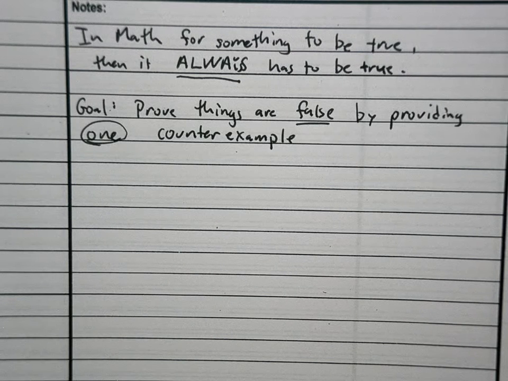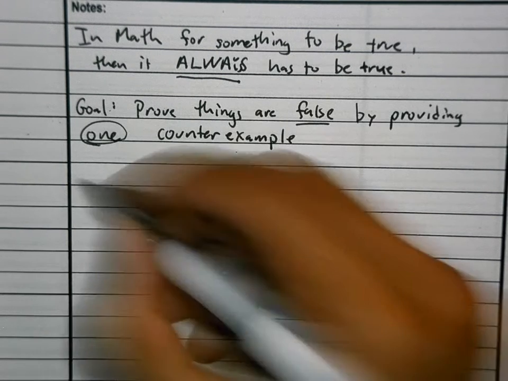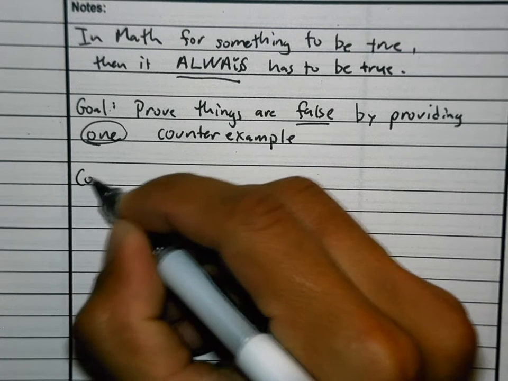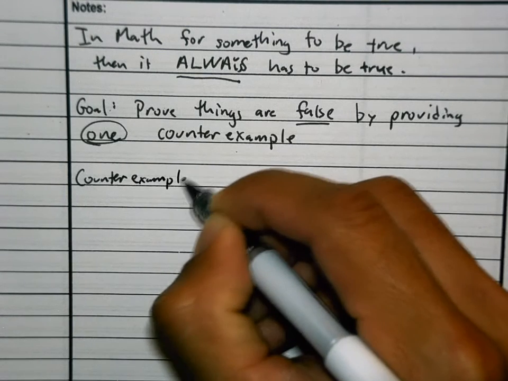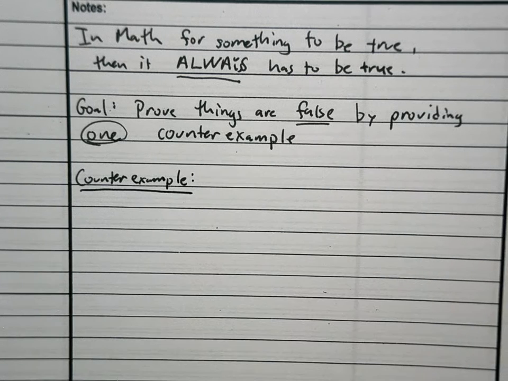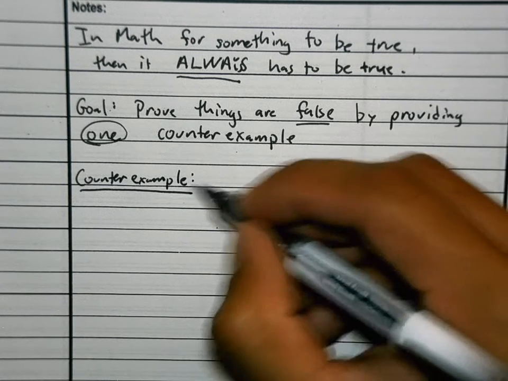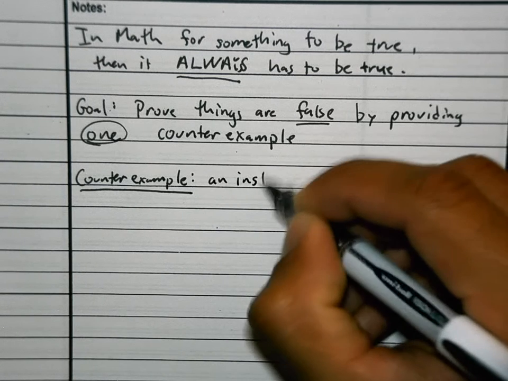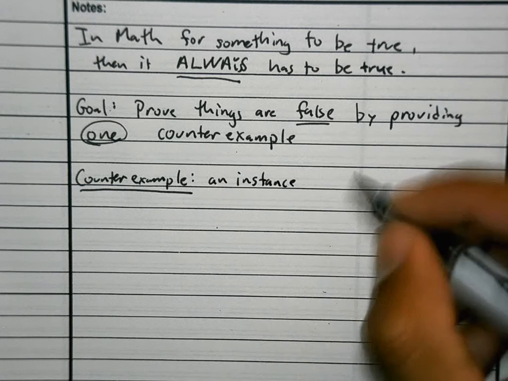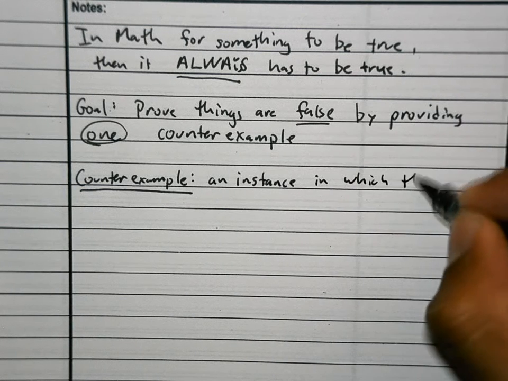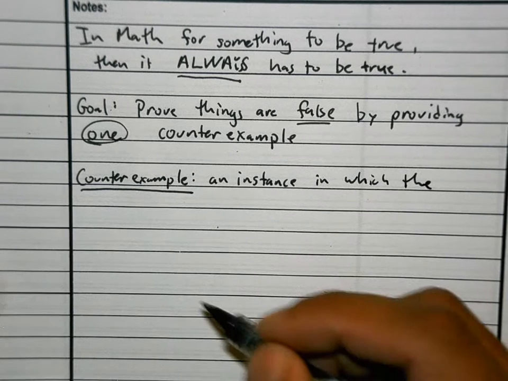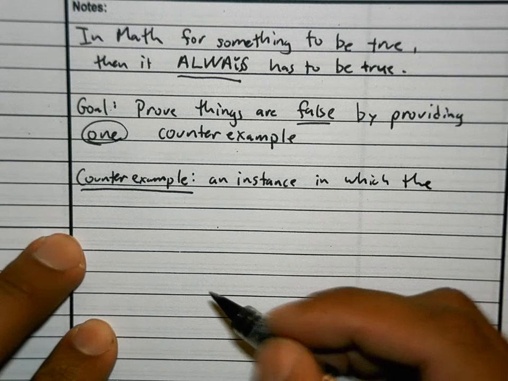And the last thing I think I need to define before we do an example is what is a counterexample. So let's define what that word means. Counterexample. What it means. It's an instance in which the pattern or conjecture does not work.